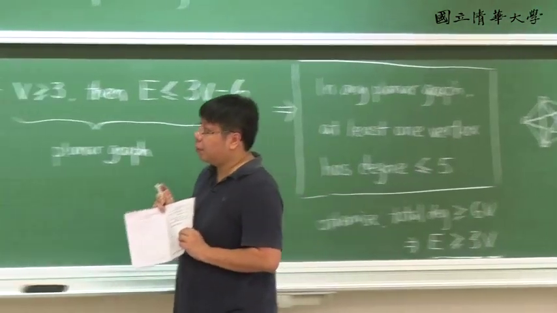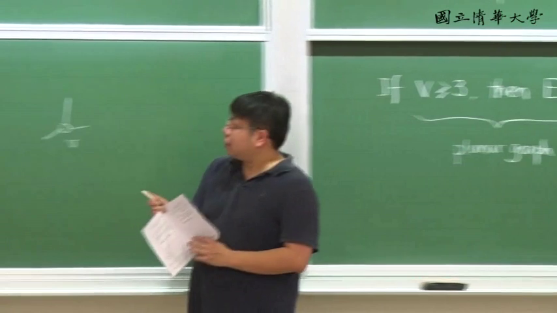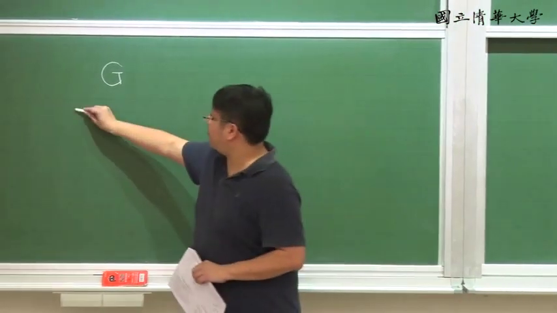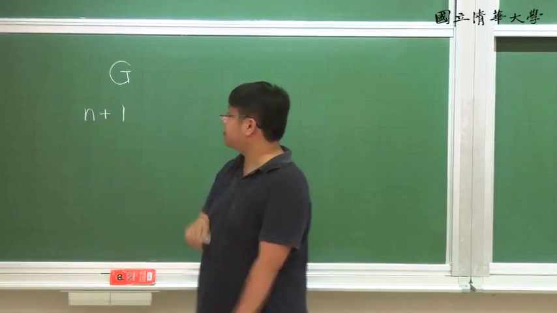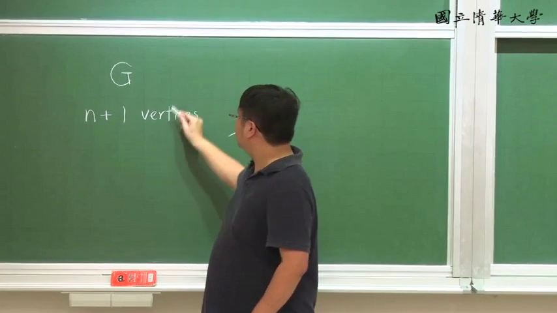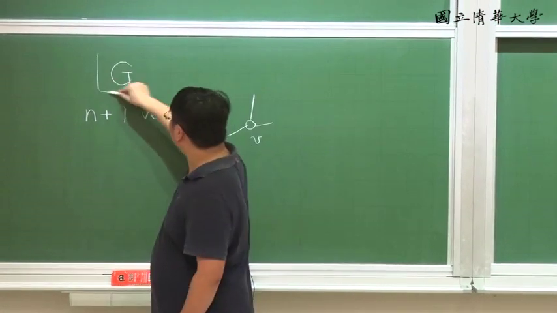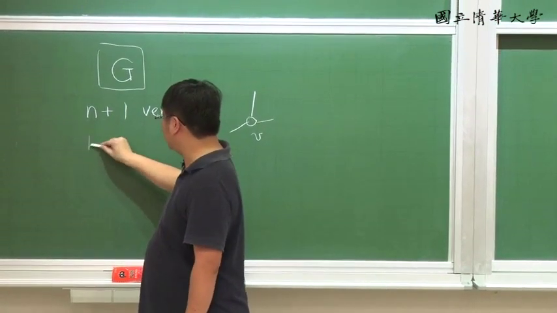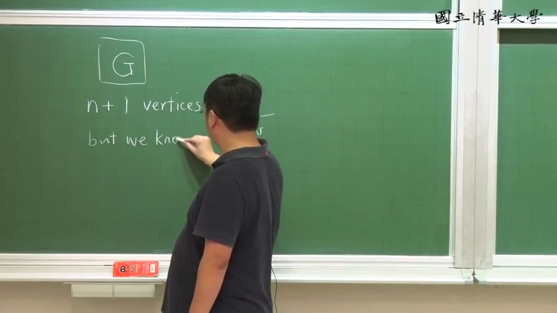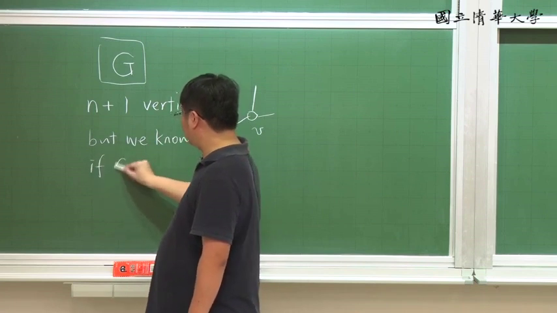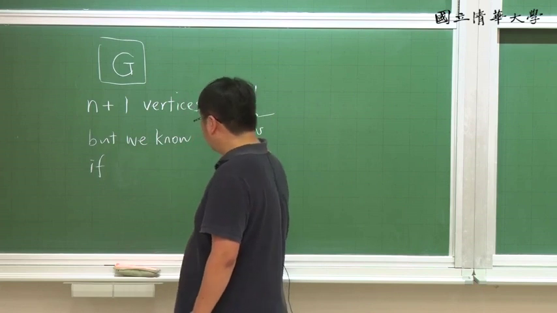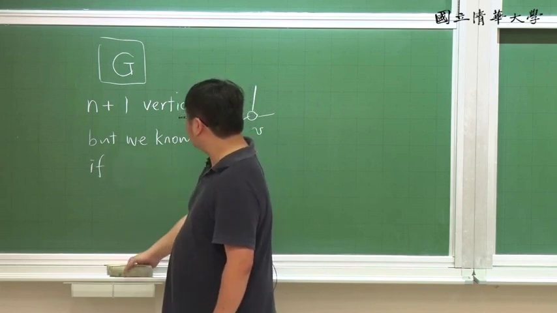So what we are going to do is suppose that we have a graph that has n plus 1 vertices now.